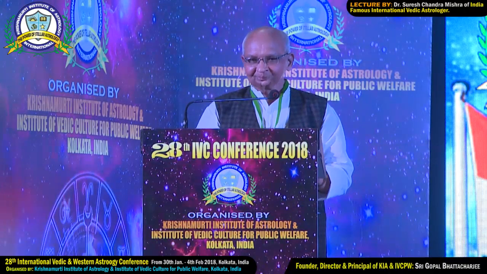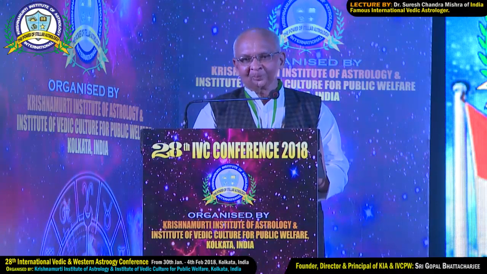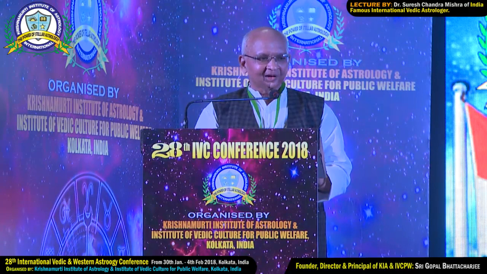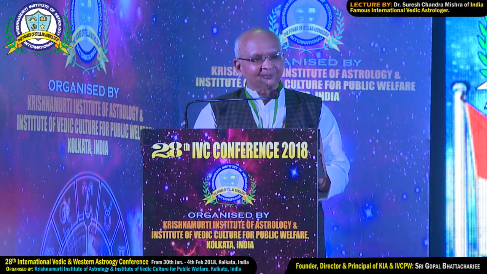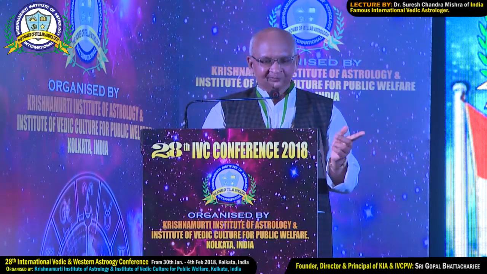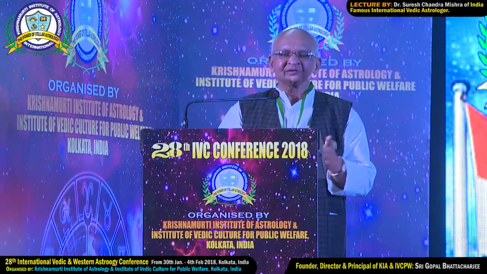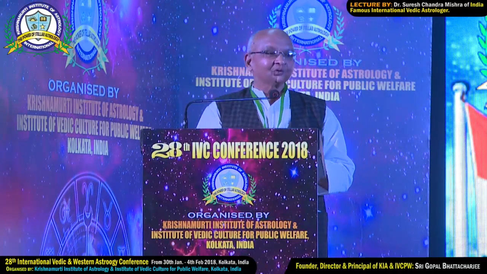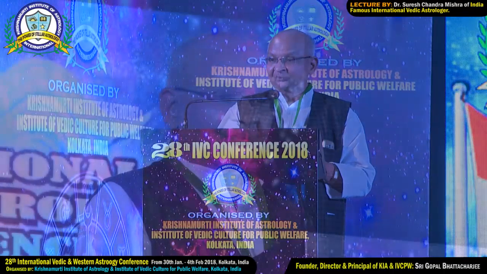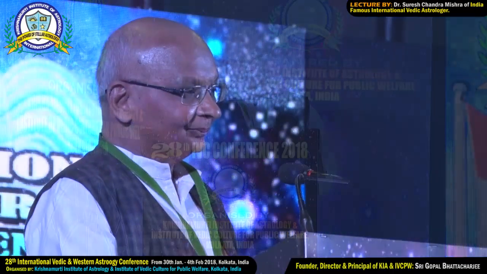For example, Mars was out of bounds during 1942 to 1945, obtaining more than 28 degrees declination, and that period manifested the Second World War. Another example is 1962 to 1965, when Mars was again OOB, and that manifested India's war with China as well as with Pakistan.